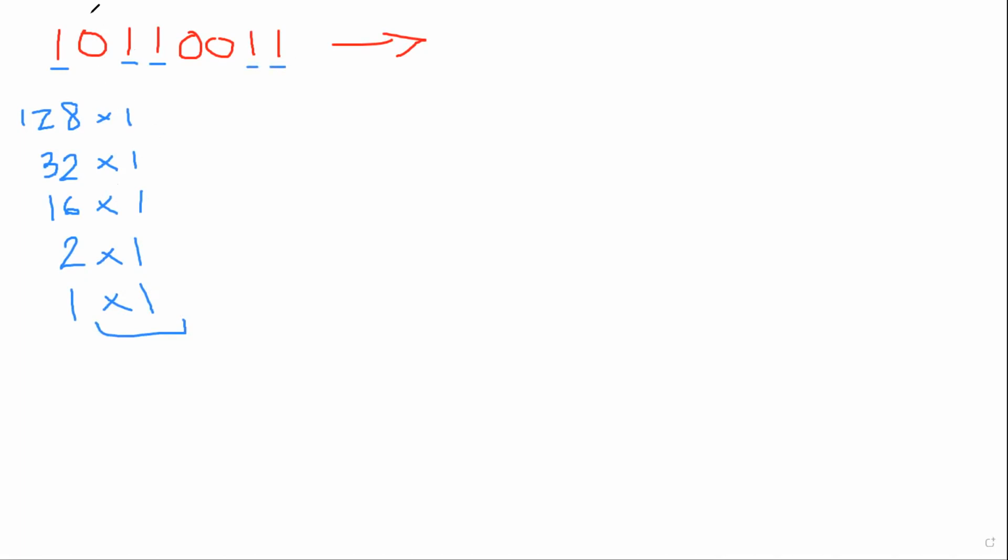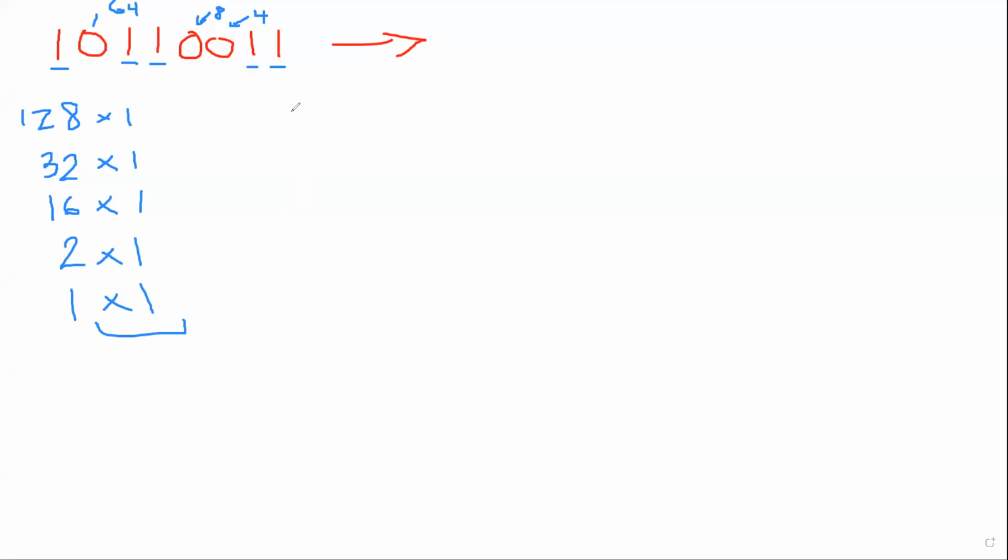So the zeros, this 0 would be the 64. This 0 would be 8. Yeah, and 4. I'm reaching the limit, so it doesn't let me type all the way up here. So the 64 is out, the 8 is out, the 4 is out, but the rest is there.